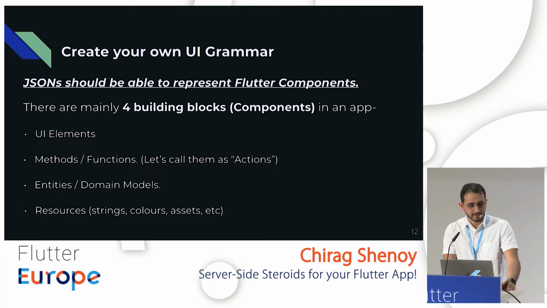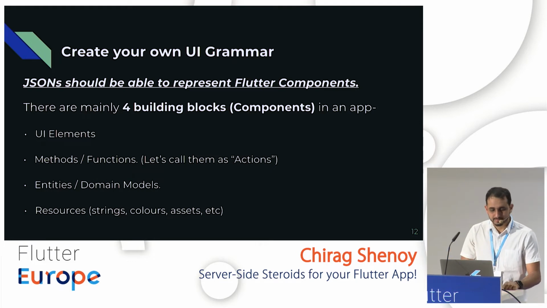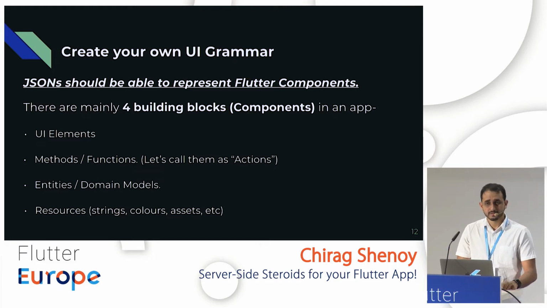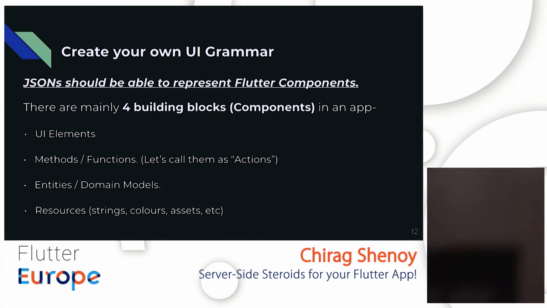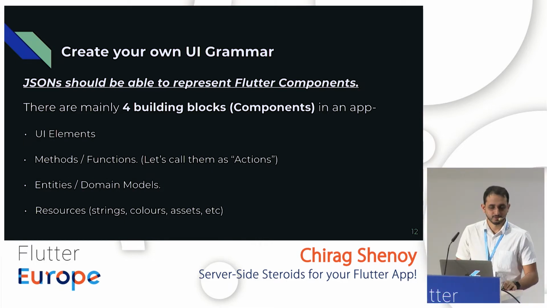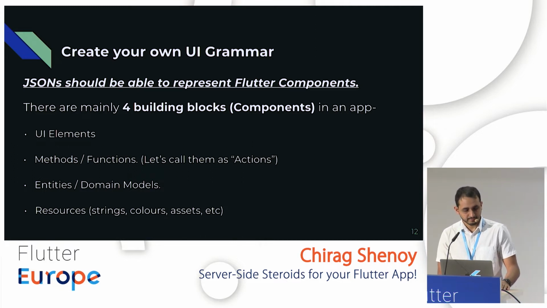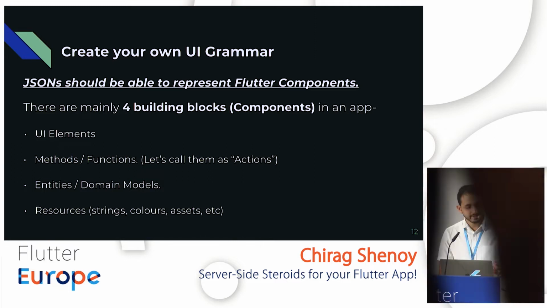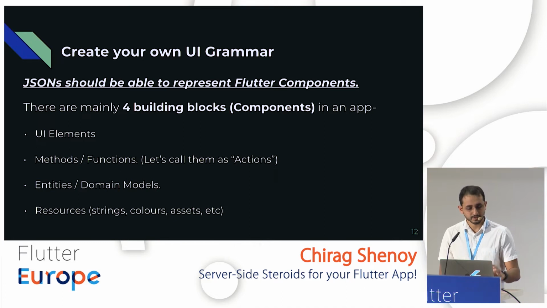That's what a domain model is. And then you have something called resources. This is again taken inspiration from Android, where you have strings, colors, assets, and so on. So most apps can be classified into these 4. I mean, they will consist mainly of these 4 components.